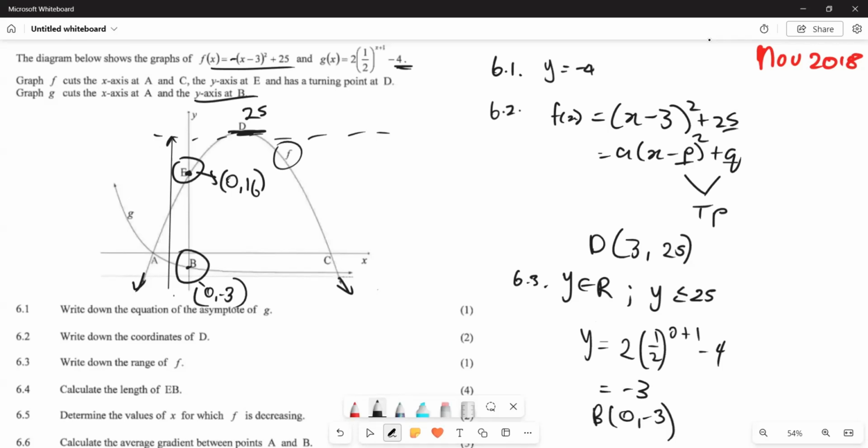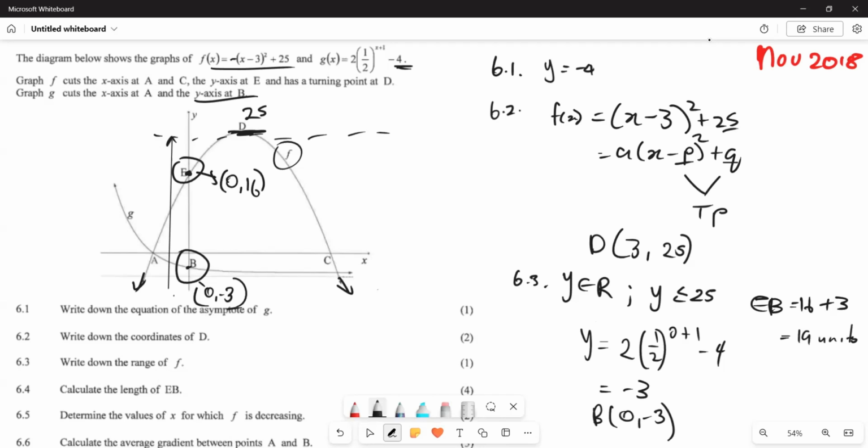EB is the same as 16 plus 3, which gives you 19 units. Because we are looking for distance, you're just adding both, not taking the negative sign into account. Hopefully this makes sense to you.